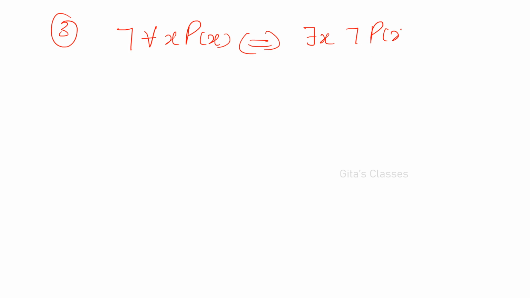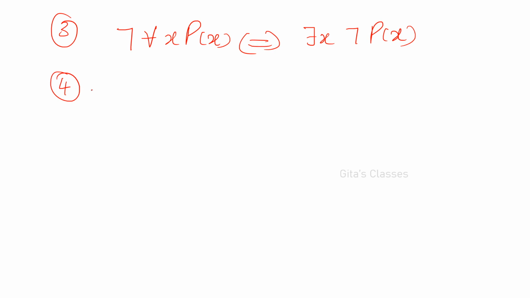Then next, third one is, not of there exists x P of x. This is equivalent to, this is not there exists, not of for all x P of x, that is, there exists x not of P of x. This is equivalent to contradiction method only. Okay.